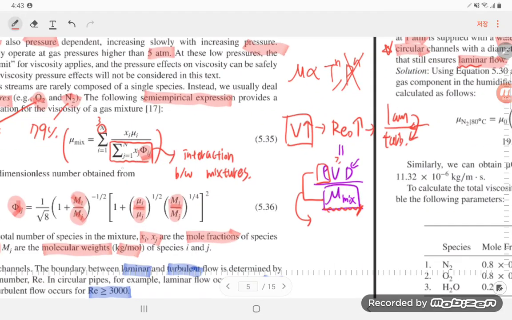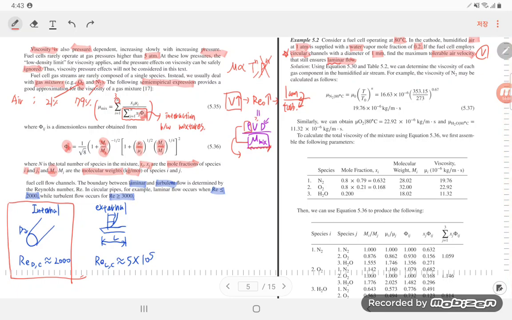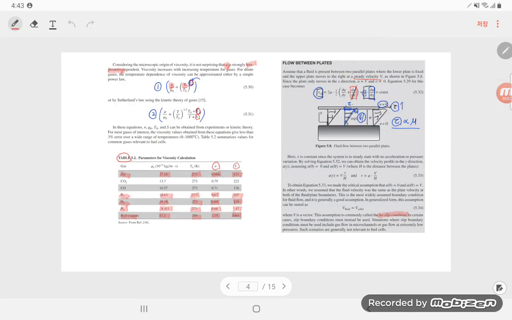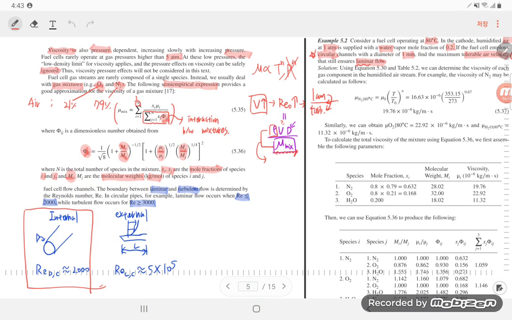Okay, when referring to this equation for mu mix, we need to know the viscosity of each species. So firstly, let's talk about this one. To find the viscosity of each species, we should use this equation because it is dependent on the operating temperature, and the operating temperature is 80 degrees Celsius, not room temperature.